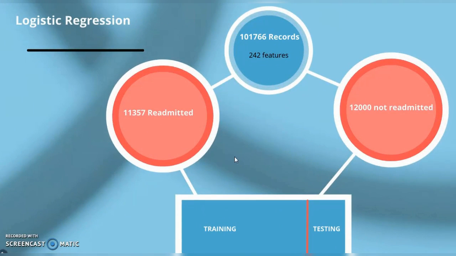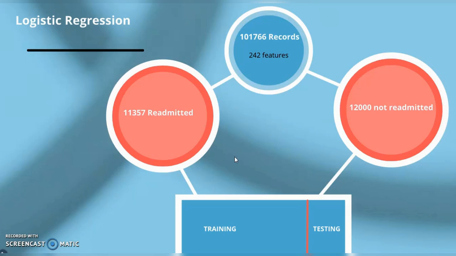Next, we tried to build a logistic regression model to predict the probability of readmission. The original dataset has over 100,000 records. After pre-processing, each record has 242 features. Of all the records, only about 10% were readmitted. The rest were not.